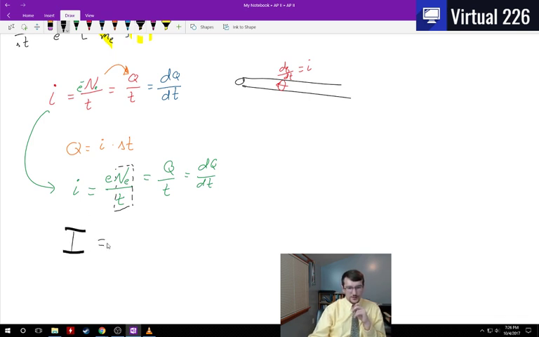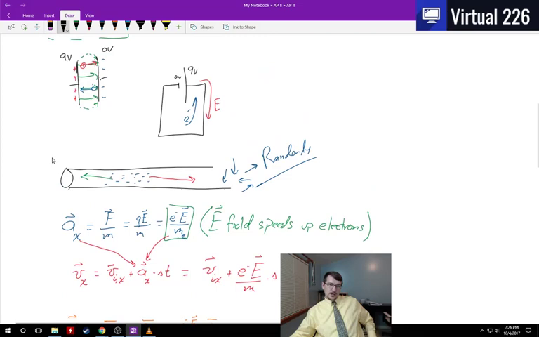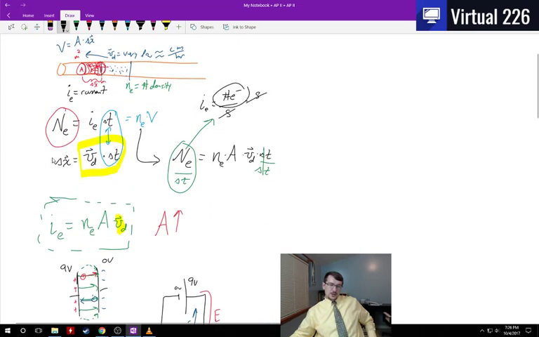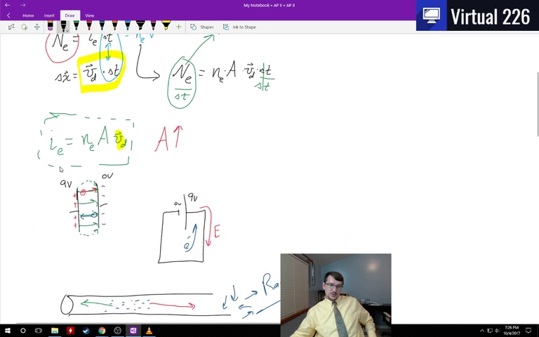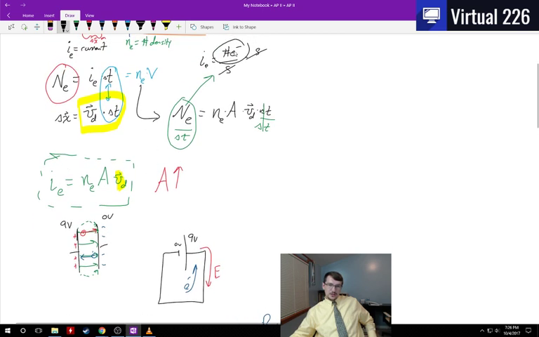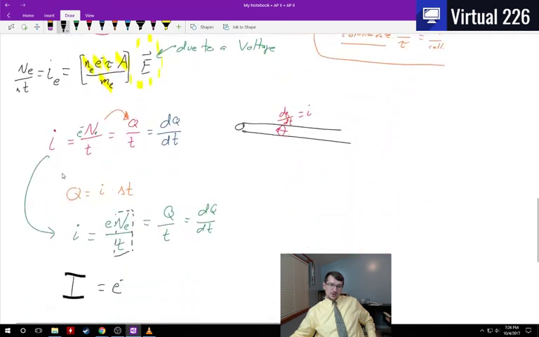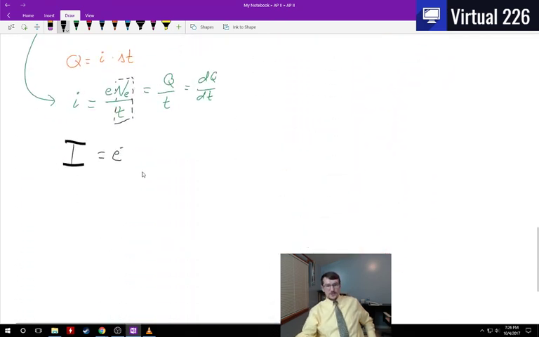The current going through our system is equal to some electric charge, normally for an electron, if we're thinking about this electron drift and the electron's actually moving, N_e over t. We've already defined that way up here. N_e over t is this electron current, remember? Where did I even put that? It's right here. This is the electron current. So the current going through our system is equal to the electric charge times the electron current. And that just makes things confusing, right?